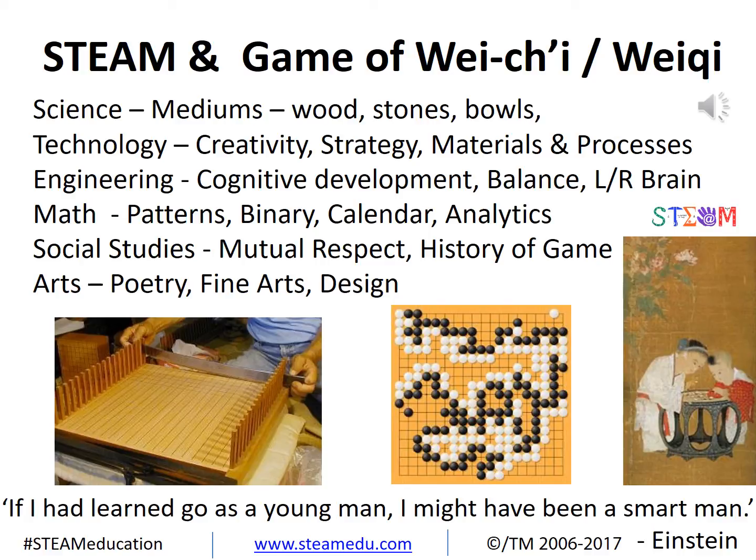STEAM education uses this game because it shows the science of mediums, the technology of creativity, strategy, materials, and processes, the engineering of cognitive development, left and right brain balance, and the beginning of understanding binary coding, mathematics of patterns, binary, calendar, and analytics, also the basis of calculus.